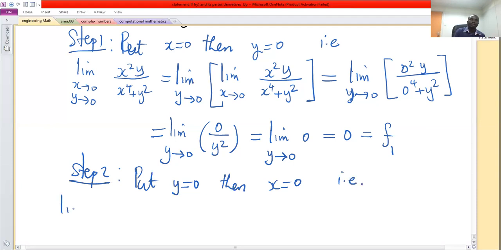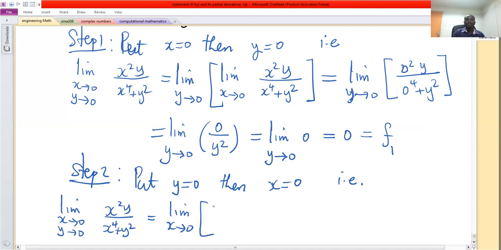You write the limit as x approaches 0, y approaches 0 of x squared y over x to the power 4 plus y squared as the limit as x approaches 0 of the limit as y approaches 0 of x squared y over x to the power 4 plus y squared.